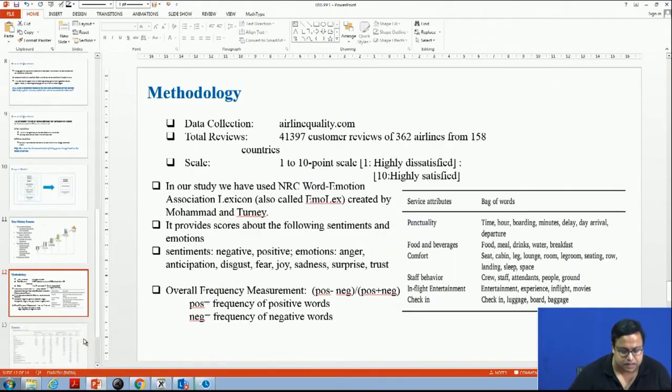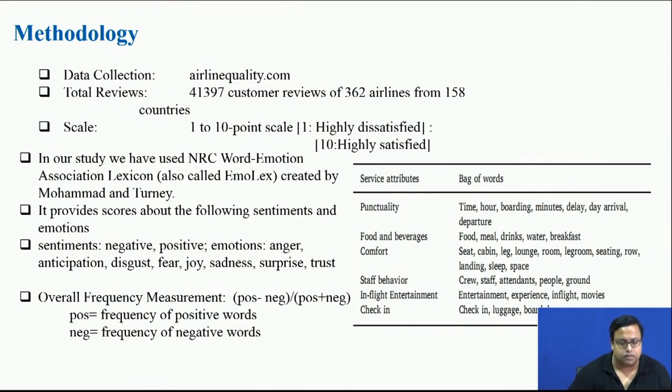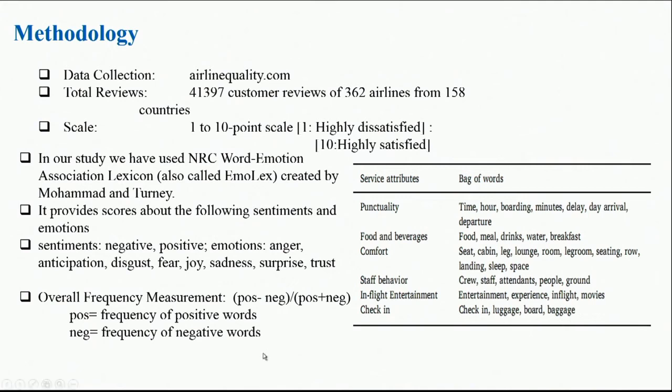So, for those 6 aspects, we have taken around 41,397 customer reviews of 362 airlines from 158 countries. So, pretty big data, I would say, and the customer rating was on a 1 to 10 point scale, satisfaction rating, and recommendation was 0 or 1, which is whether it was positive or negative, whether somebody has recommended it or not, something like that.